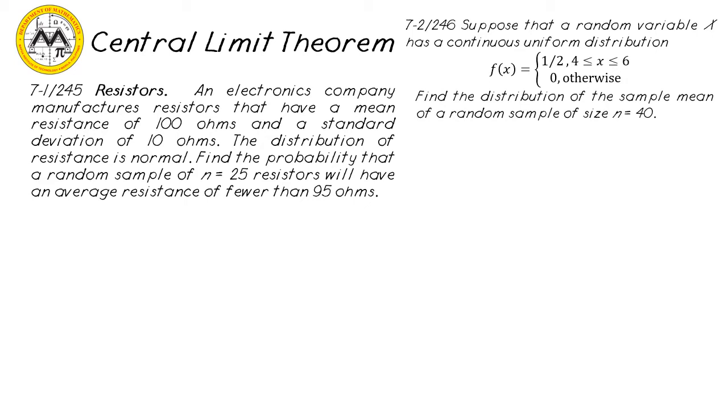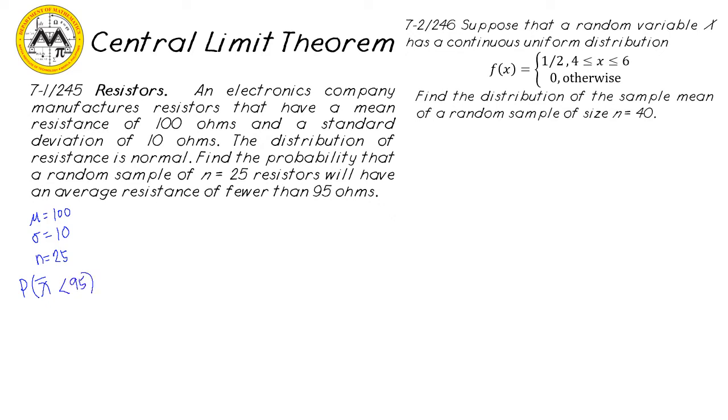Let's have these problems. An electronics company manufactures resistors that have a mean resistance of 100 ohms. So the mean is 100, and the standard deviation sigma is 10. The distribution is normal. Find the probability that a random sample of n equal to 25 has an average resistance x bar fewer than 95.